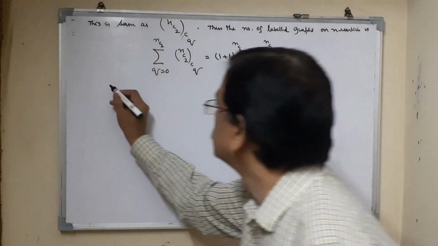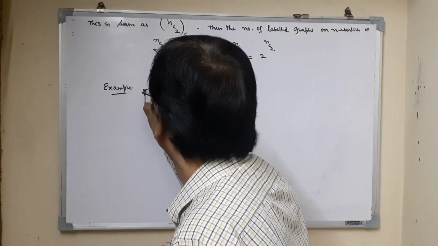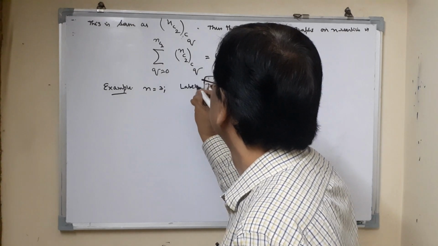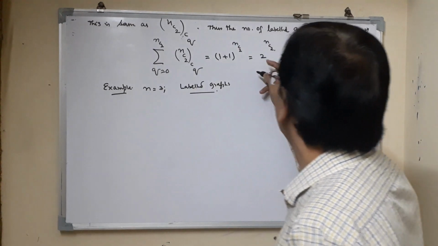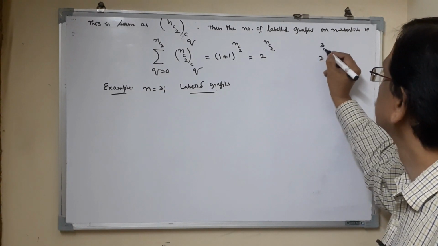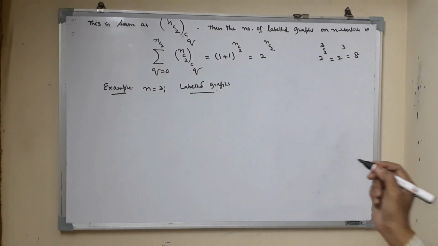Let us see a small example with 3 vertices. N is equal to 3. How many labeled graphs are there? Obviously you have to get 2 power 3C2, so 2 power 3. That means you have to get 8.